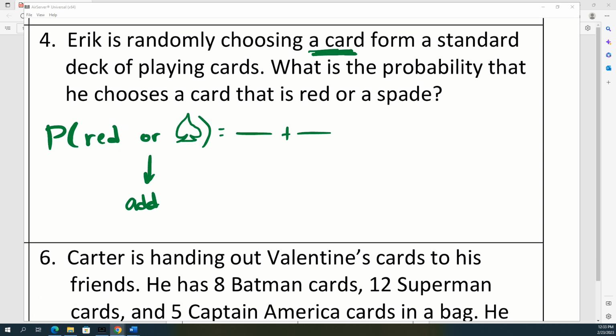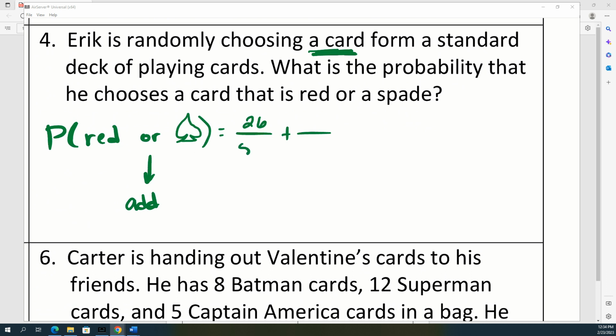Are there any red spades? Y'all don't know? There aren't. All the spades are black. You'll know on your quiz if there are. It won't be a card question. So if there aren't any red spades, then you don't have to subtract. You just add.